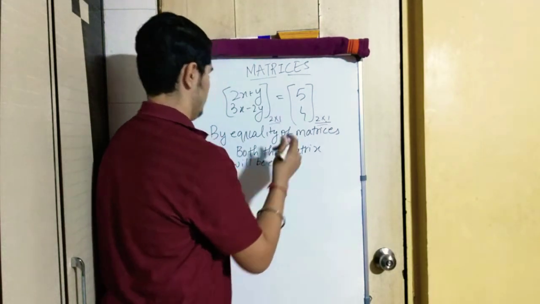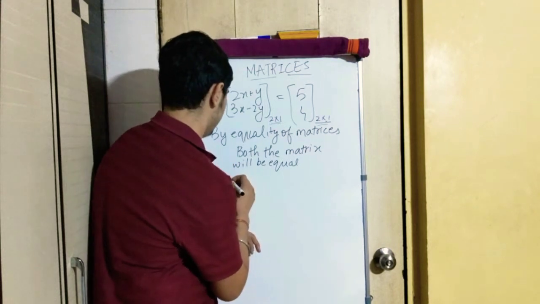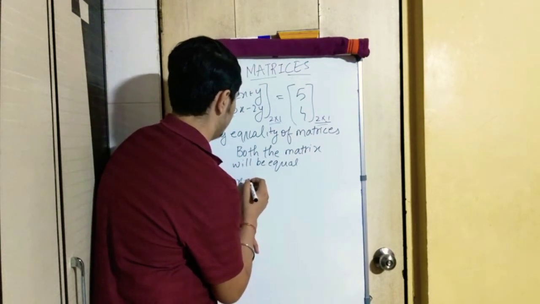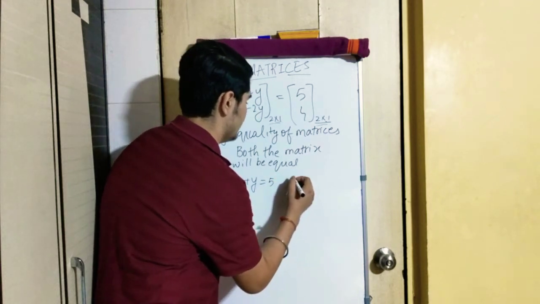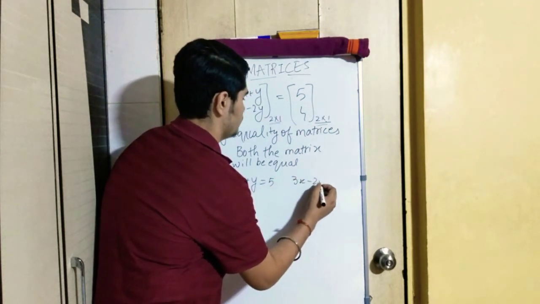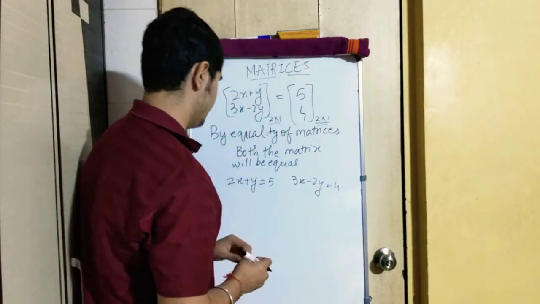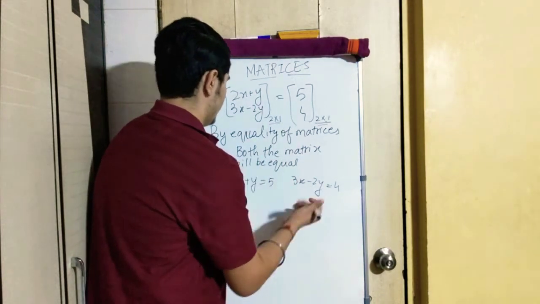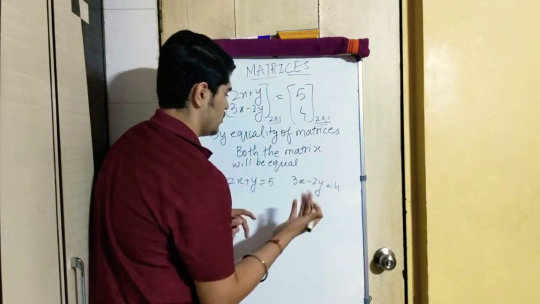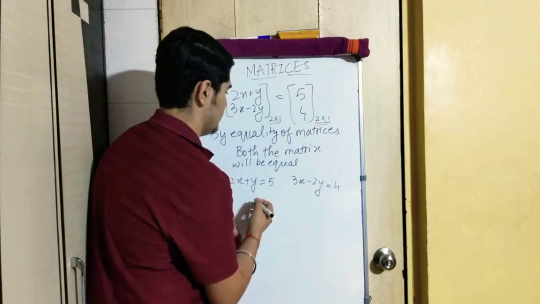So by equating, we are forming two equations: 2x plus y is equals to 5 and 3x minus 2y is equals to 4. These two equations are formed after we equate the matrices. Make sure one term is similar, then we subtract one equation from the second.